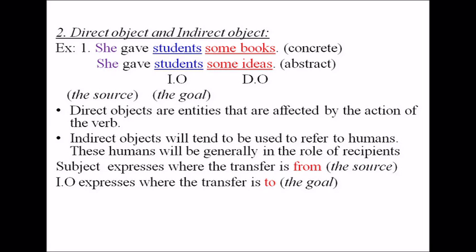A subject like she expresses where the transfer is from, the source, and the indirect object expresses where the transfer is to, the goal. If you rewrite this sentence into passive voice, the sentence will be: some books or some ideas were given to students by her.